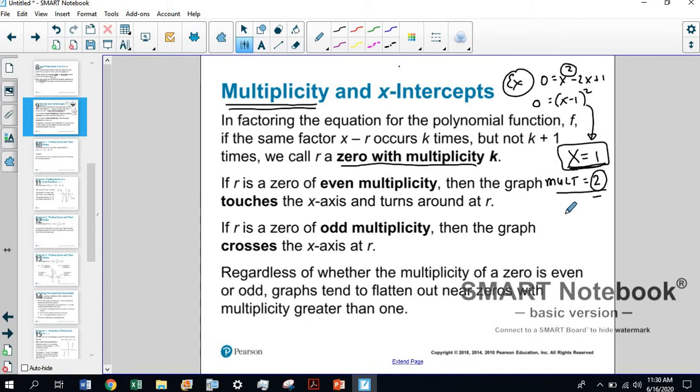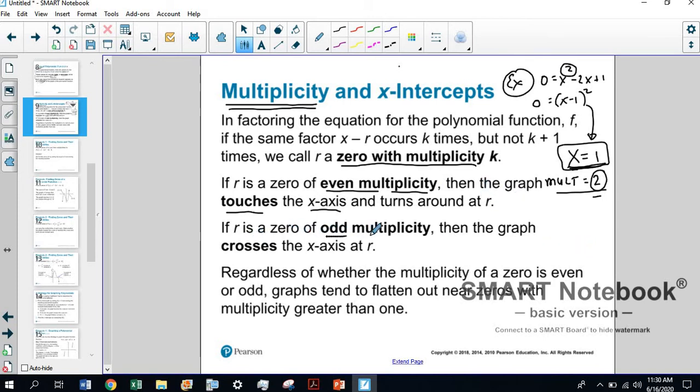And that means something about what happens at the x-axis when you hit that root on your graph. When you have an even multiplicity, 2 is an even number, the graph touches the x-axis and then turns around. It does not cross through the x-axis.